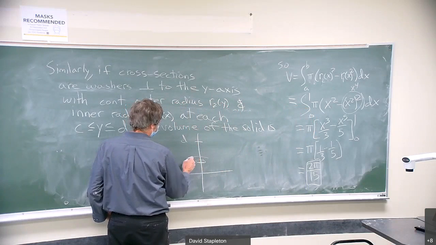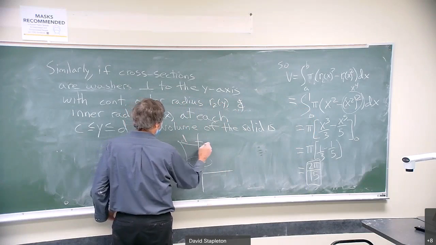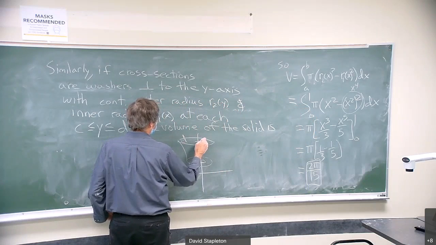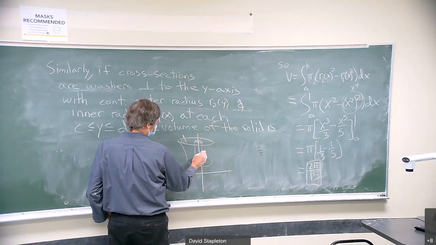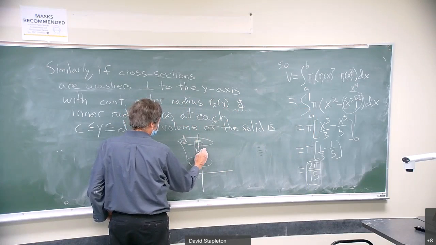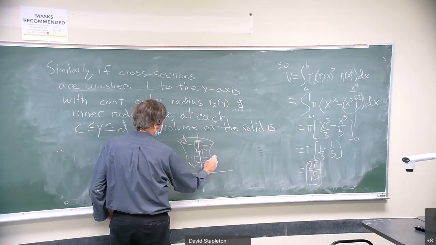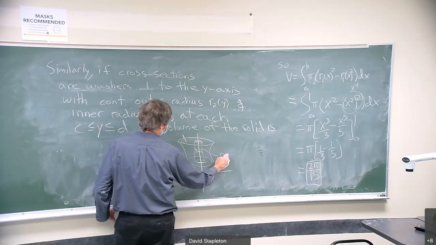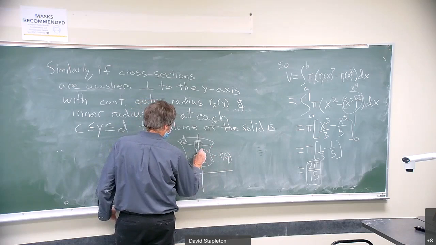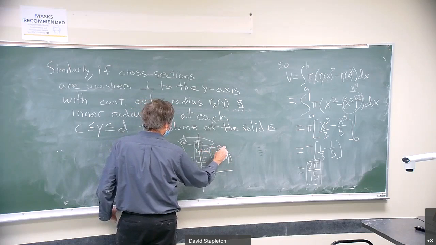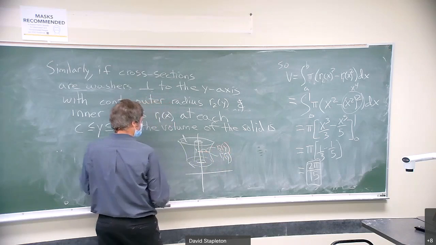It's got an inside radius and outside radius, so there's a hole down the middle. And at each y, the inside radius is R1 of y. The outside radius is R2 of y. And it's the same thing.